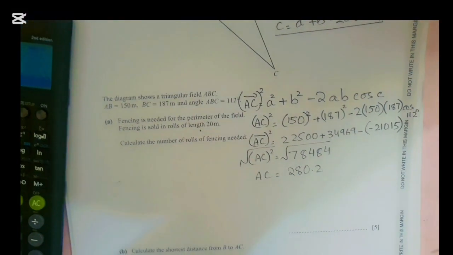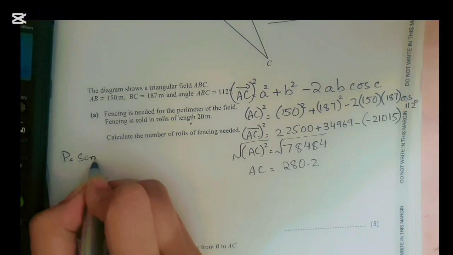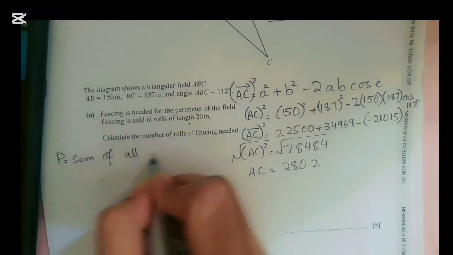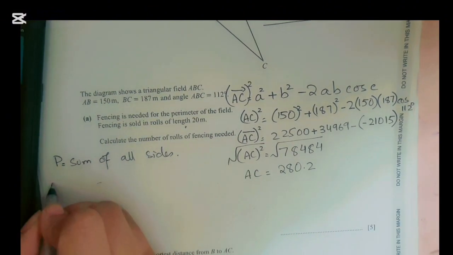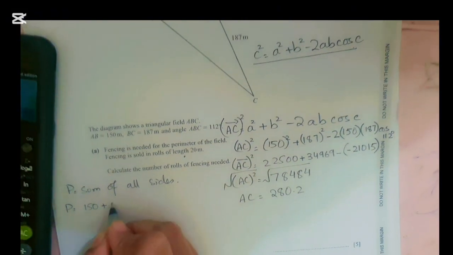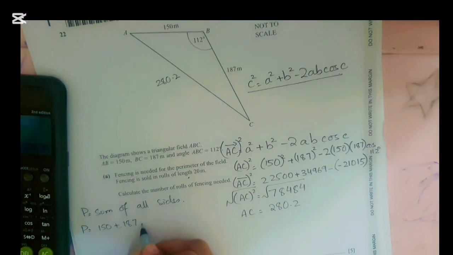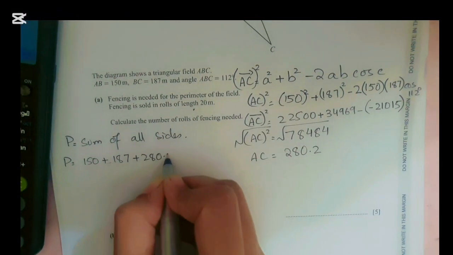Now we have to find the perimeter. Perimeter means the sum of all sides, you know. And what are all the sides? Perimeter is equal to 150 plus 187 plus 280.2.